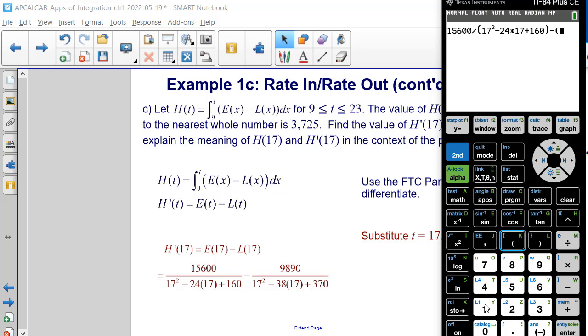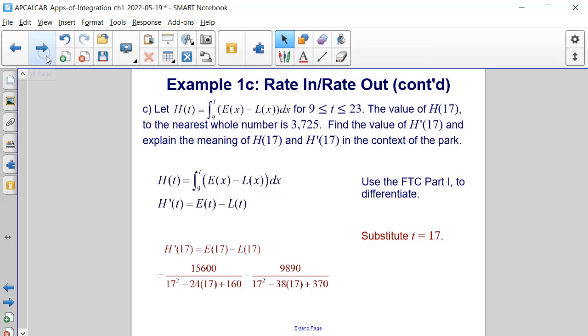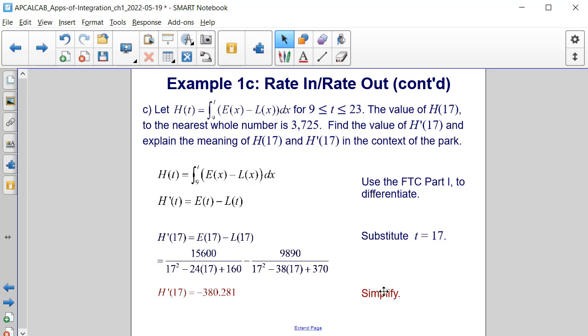And then we're going to have 9,890 divided by 17 squared minus 38 times 17 plus 370. And if we evaluate this, we'll end up getting negative 380 and 281 thousandths about, to simplify it.